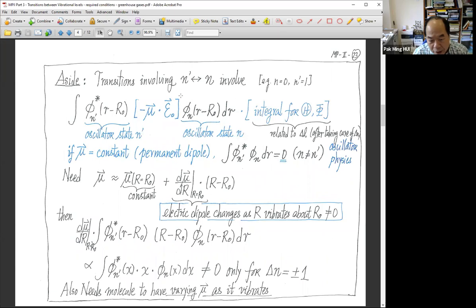So we have an oscillator n state and an n prime state. We are trying to do the matrix element selection rule to see whether this is 0 or not. There will be a theta phi part, but we already did that. This has to do with the rotational thing, okay?